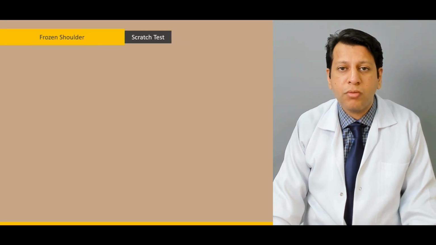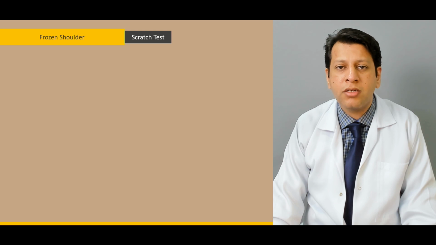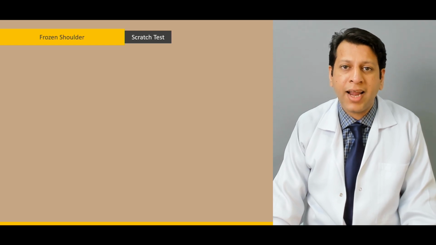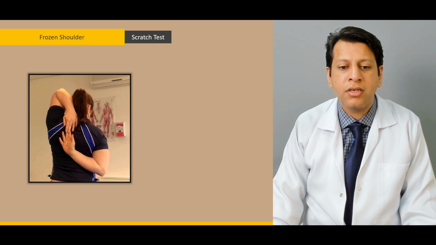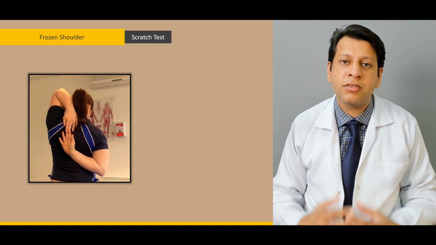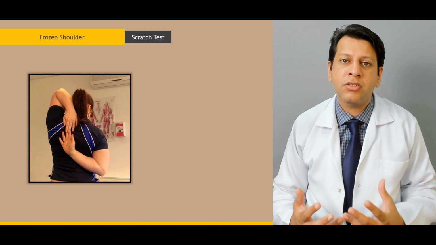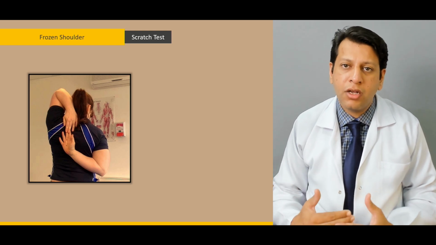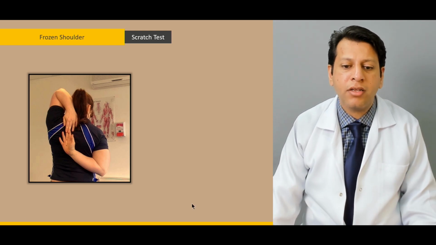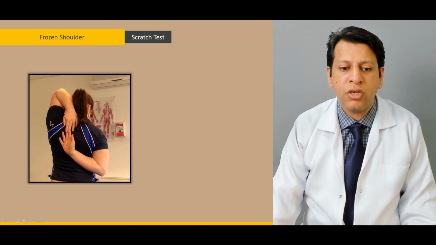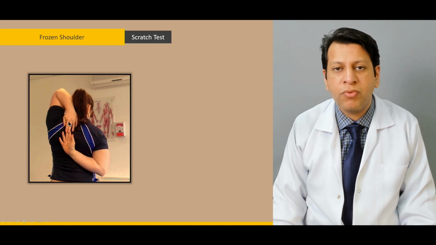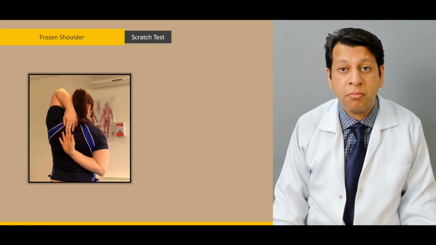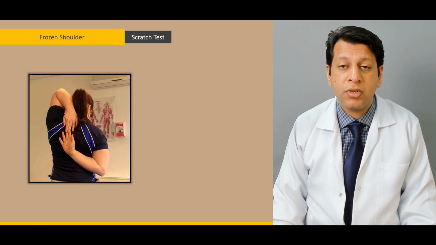Now, most importantly, it's a clinical diagnosis, in which the scratch test is quite helpful. This is how the scratch test is done. You ask the patient to act as if he or she is scratching his or her back. If this is testing the left shoulder, the most important loss will be of external rotation of the arm, and this is very common.